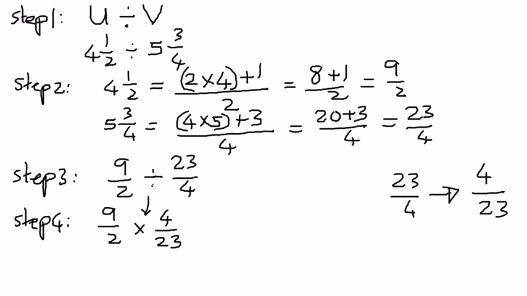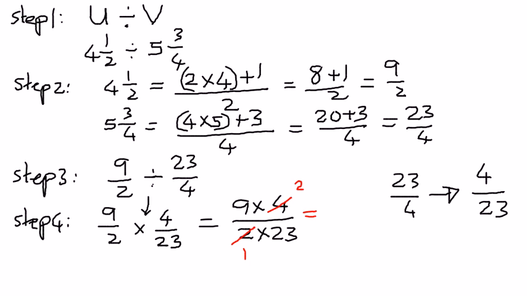So we multiply the numerators, we multiply the denominators. 9 times 4 divided by 2 times 23. So when we see numbers in the numerator and numbers in the denominator which are multiples of one another, we can simplify them. 4 is a multiple of 2, so therefore 2 times 1 is 2, 2 times 2 is 4.